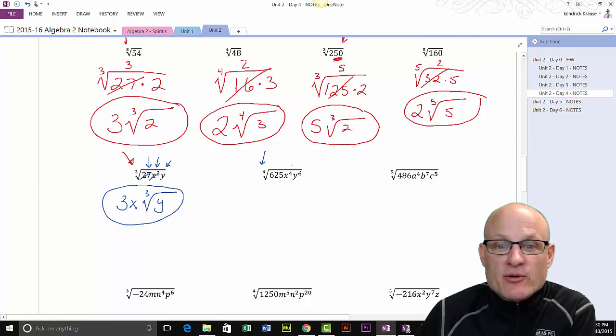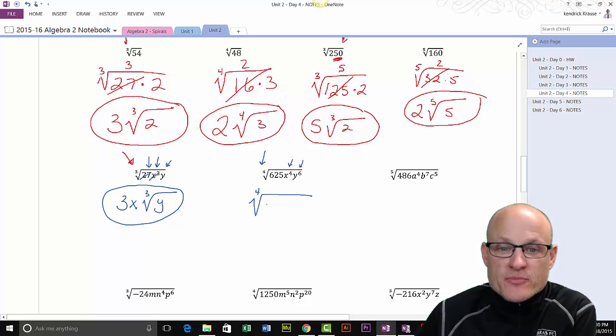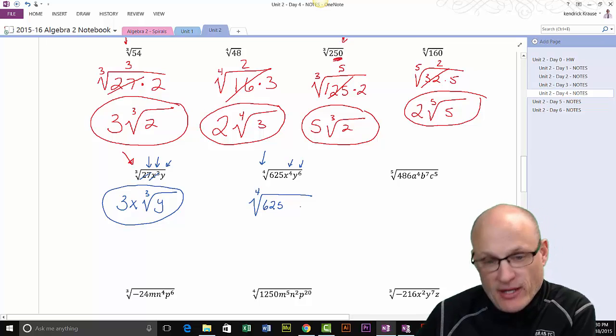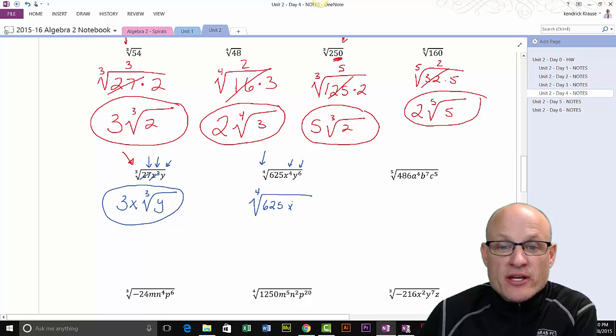And I can't do anything with x to the 4th, but I can do something with y to the 6th. Oh yeah, these are fourths, not fifths. So we're looking for fourths. 625 is already a perfect fourth. That's 5 times 5 times 5 times 5. X to the 4th is a perfect fourth. We'll leave that as x to the 4th. But y to the 6th we have to rewrite. Remember, we want to write it in groups of 4. So we're going to write it as y to the 4th times y squared.